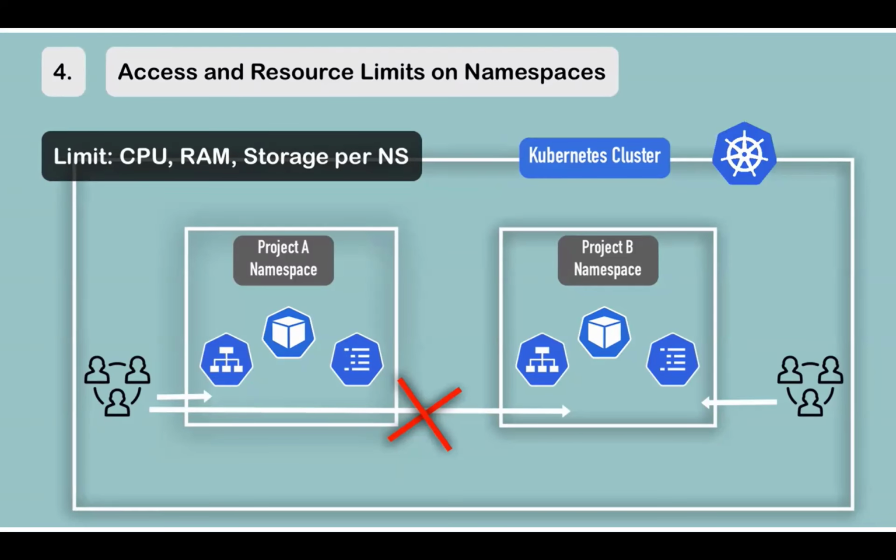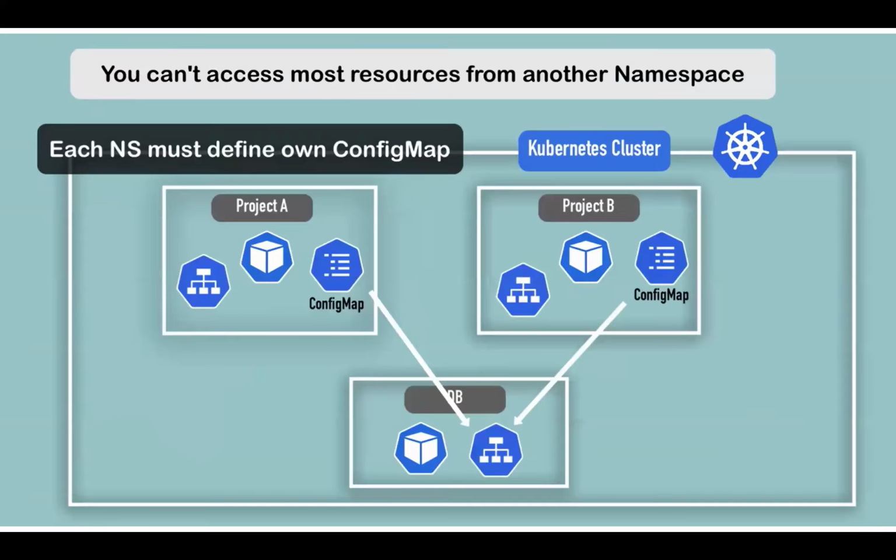So any limitation, you can give CPU, RAM, storage as per the namespace. These things you can provide as resource limits. And you cannot access most of the resources from another namespace. But a few things you want to be shared among the different namespaces, for example the database or the config.